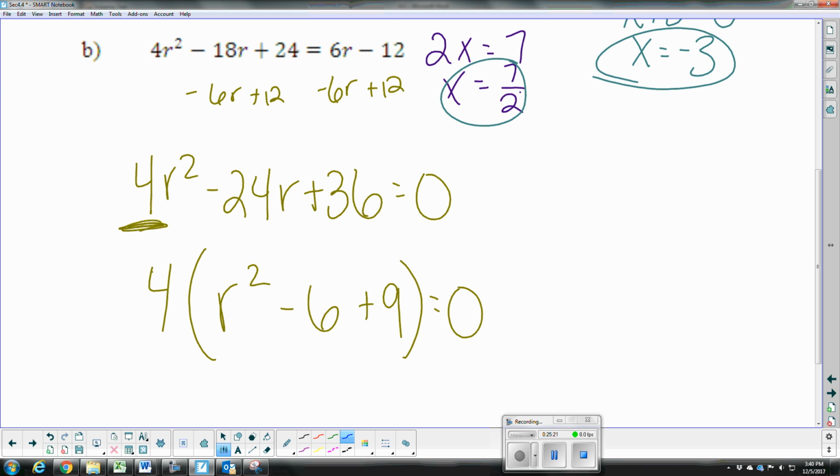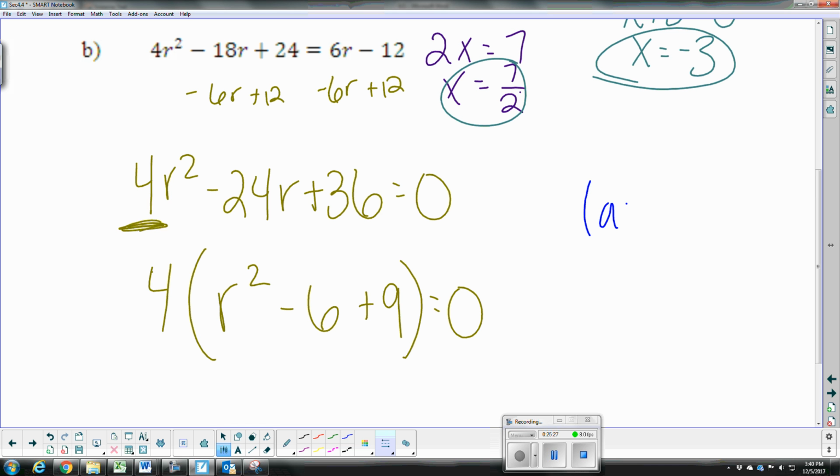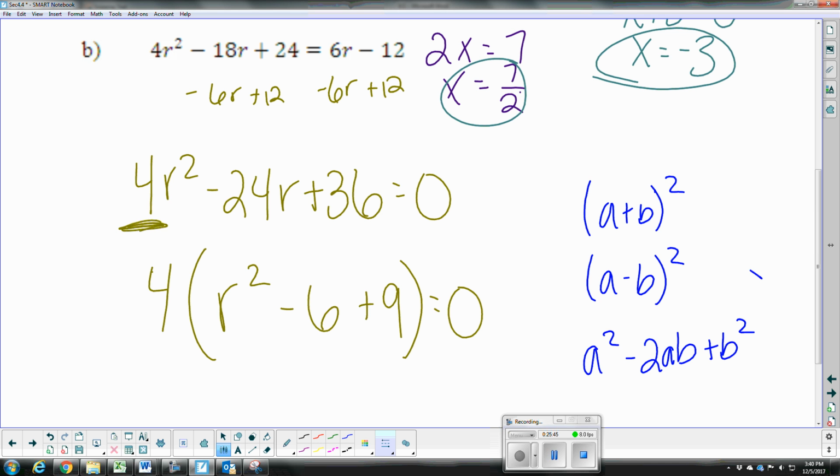Now remember our shortcut from last lesson: a plus b squared and a minus b squared. We're not actually going to use the first one, but a minus b squared is a squared minus 2ab plus b squared. So I see that 1 and 9 are perfect squares.